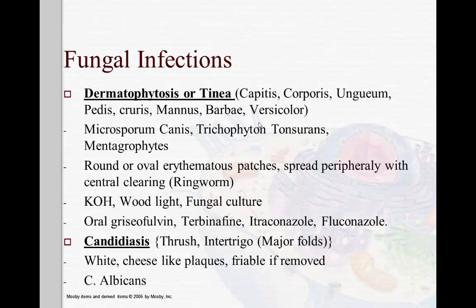And if it's caused by a different type of fungus, called Malassezia furfur, it's called versicolor. But it's basically round, oval, erythematous patches present in the skin or any area of the scalp, called ringworms.